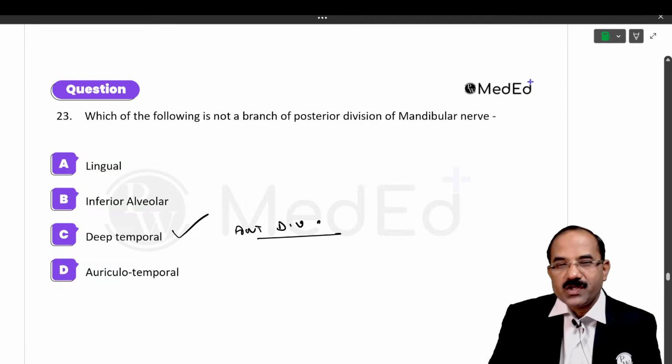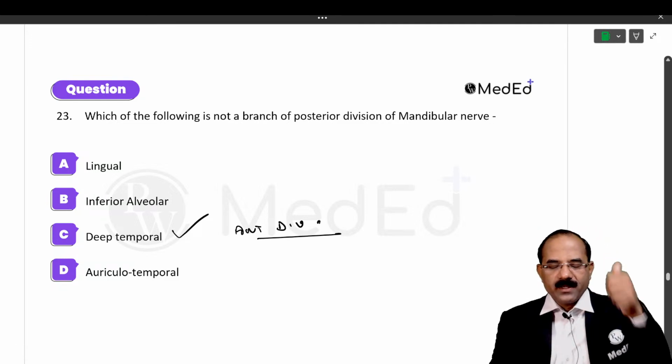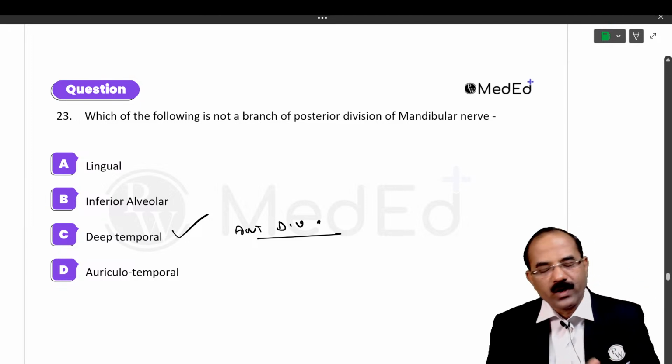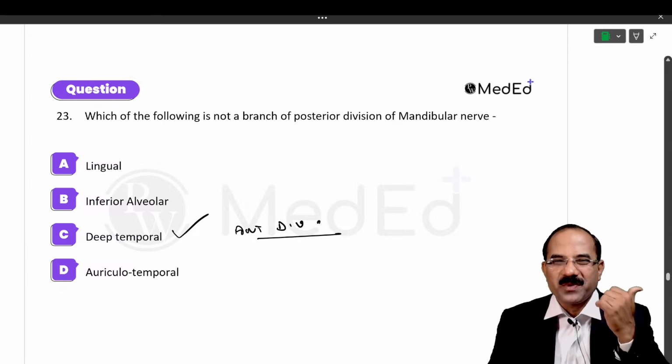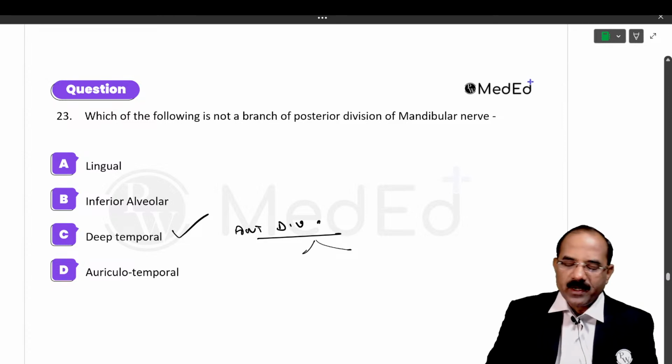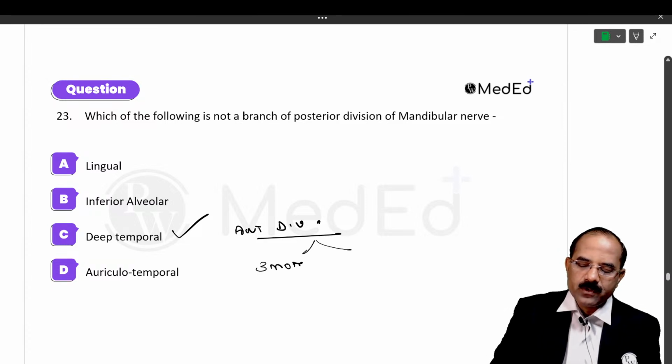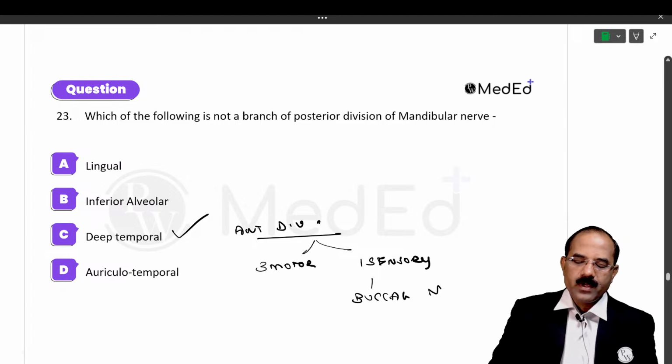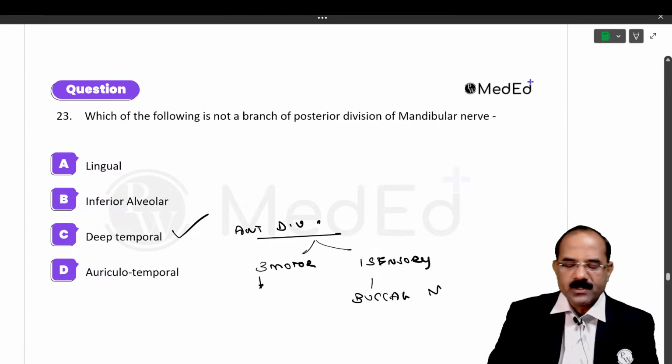The posterior division of the mandibular nerve has 3 branches: lingual, inferior alveolar and auriculotemporal. The anterior division of the mandibular nerve gives 3 motor branches and 1 sensory branch. The sensory branch is the buccal nerve. The motor branches supply the muscles of mastication.